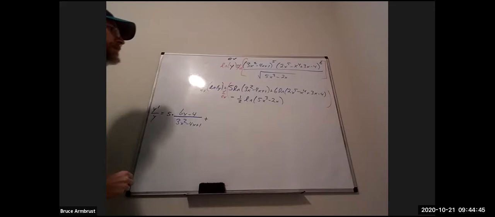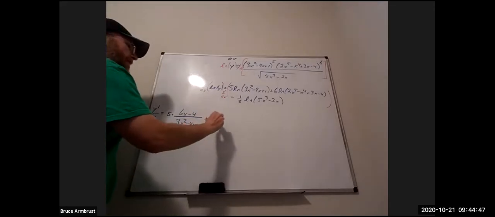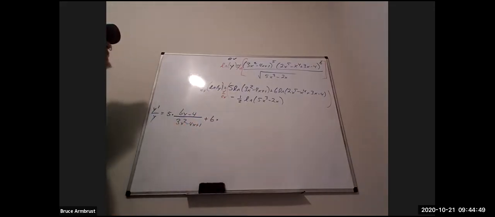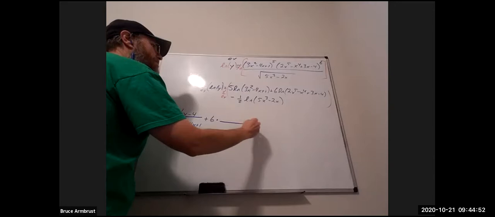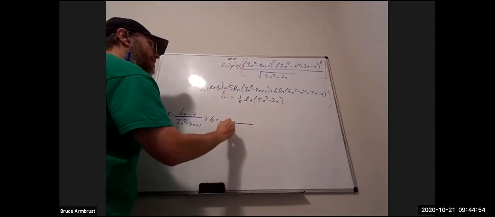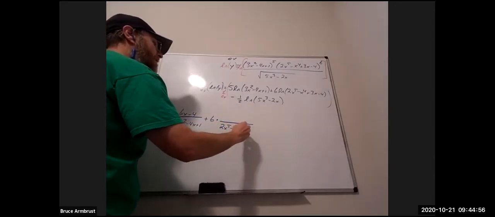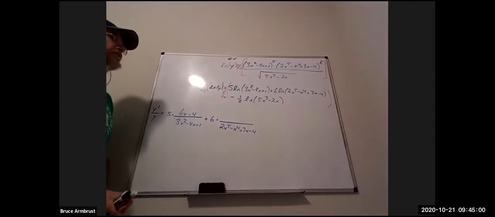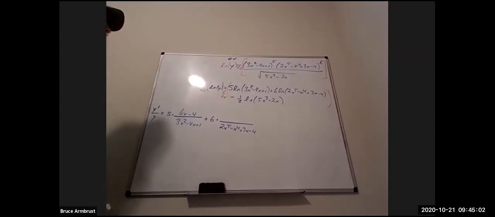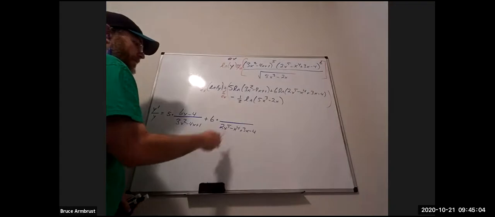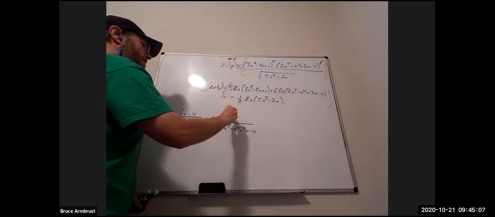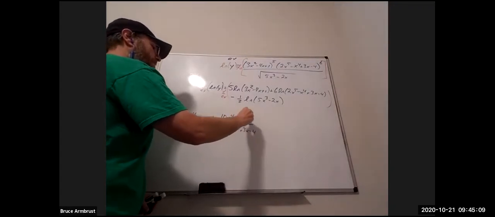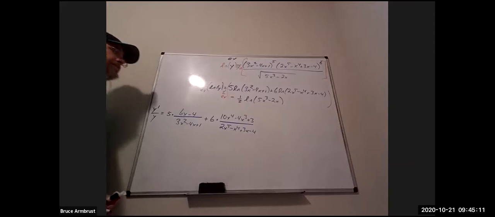Okay, then we move to the next piece. There's a 6 as my multiple. The fraction, the bottom's going to get what's inside. So 2x to the 5th minus x to the 4th plus 3x minus 4. The top gets its derivative: 10x to the 4th minus 4x cubed plus 3.